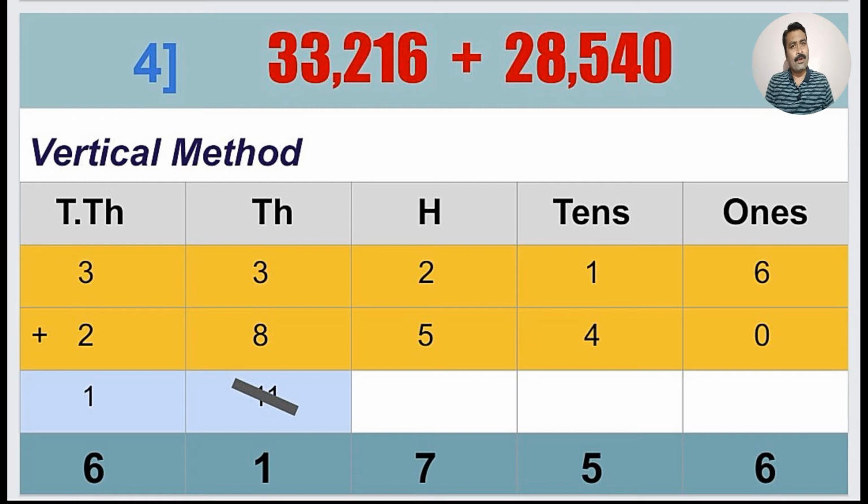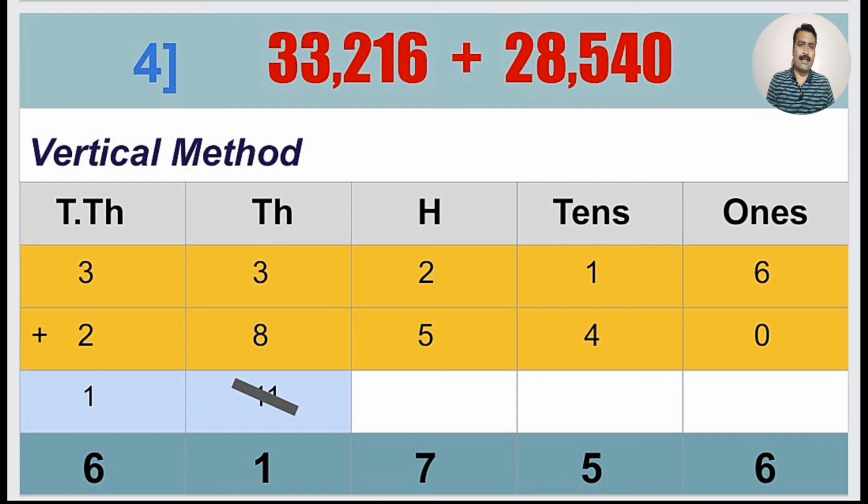If you observe the vertical method for this example, I am taking 5 columns here. Again the same way: ones, tens, hundreds, thousands and 10,000s. After that, in these 5 columns we arrange the given two numbers in the proper way. First we arrange 33,216.